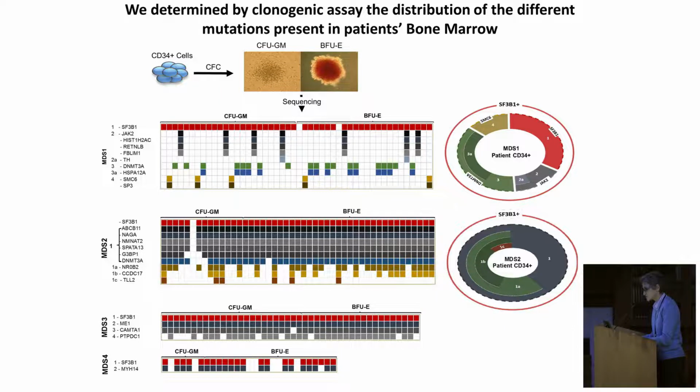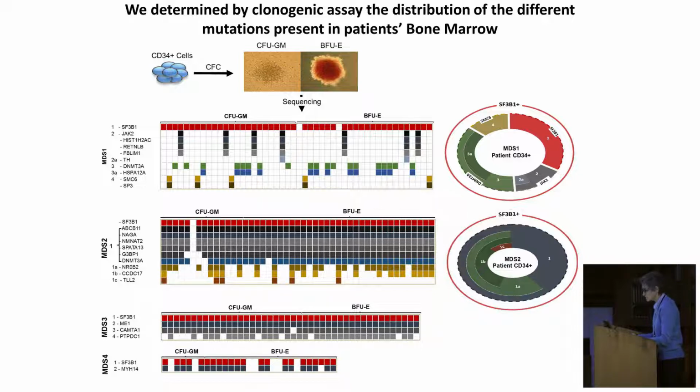We were not convinced by this analysis, so we did colony assays from all of these patients. We take the CD34 positive cells, put them in methylcellulose, pick up the colonies, and look by targeted sequencing at what we find in these colonies originating from single cells.